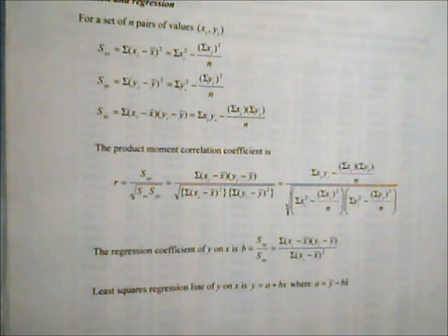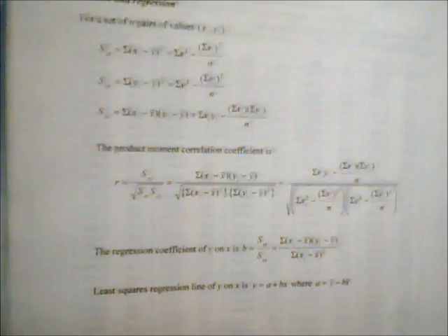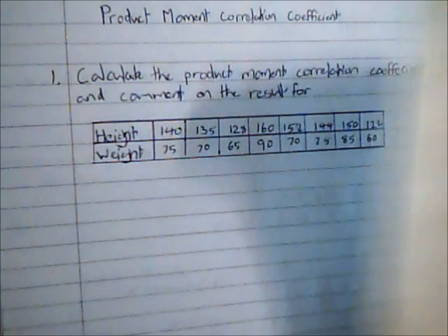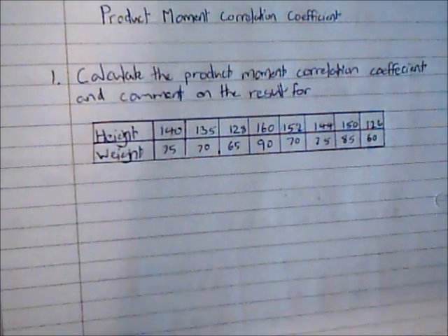So we're going to find those three values first, the SXX, the SYY and the SXY. Except in this case, because I've got height and weight, I'm going to use H and W instead.